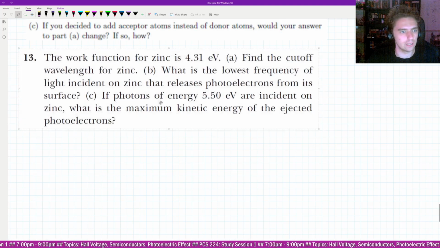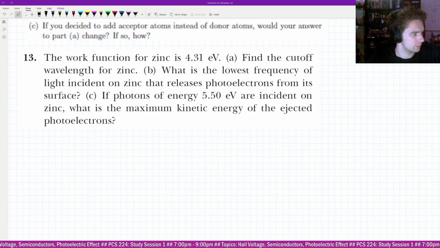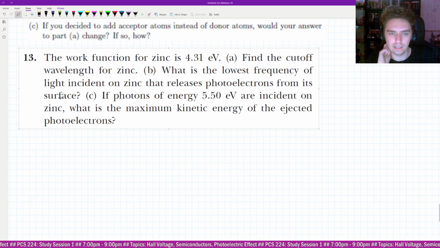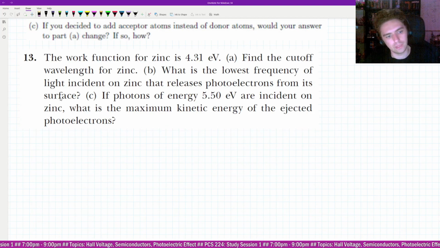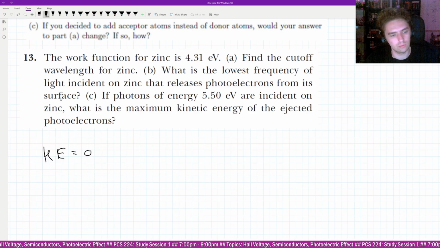Okay, let's take a look at 13 here. The work function for zinc is given, and we need to find the cutoff wavelength for zinc. So the cutoff wavelength means that we have kinetic energy equal to 0. We have no kinetic energy.